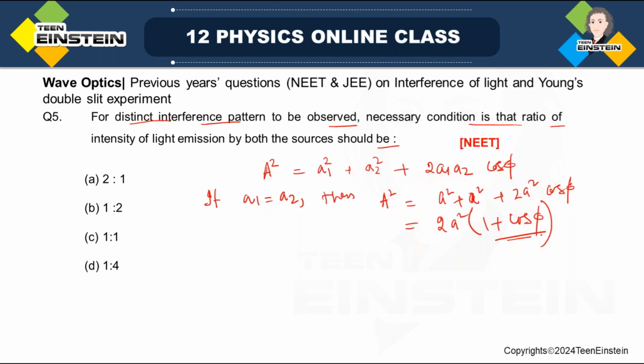And if we use the trigonometric identity, 1 plus cos of 2 theta is equal to 2 cos square theta, then if we write it in terms of that, you will get 4a square cos square phi by 2. Okay, this is the expression.